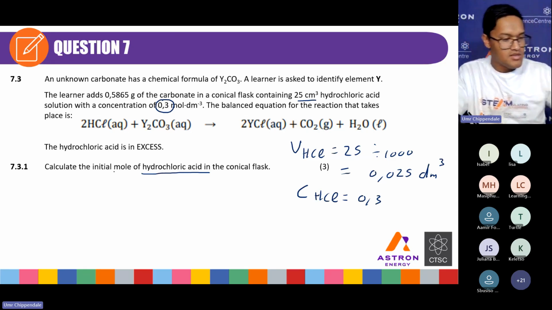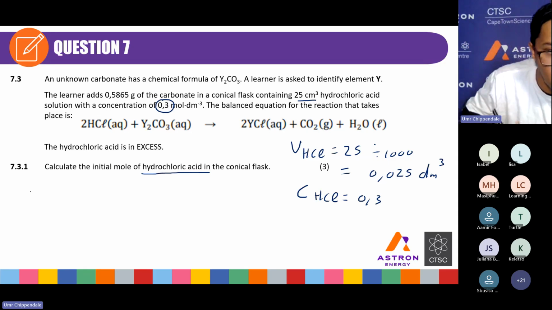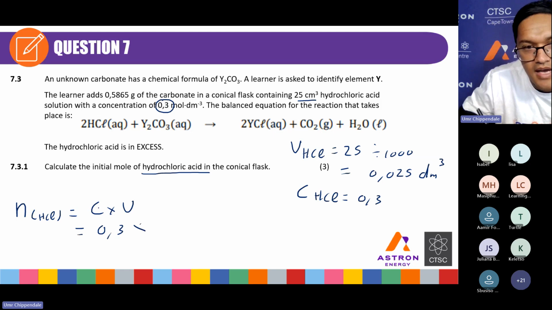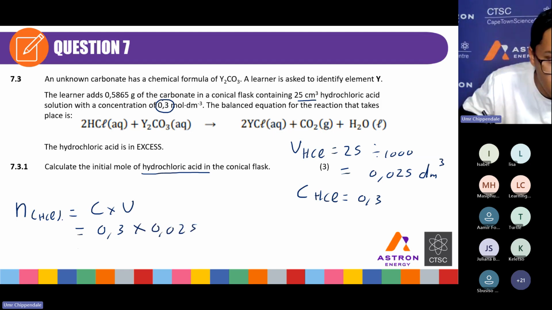So we write it as n of our HCl is equal to our C times V. We write down the values we have on the right-hand side of the screen, 0.3 multiplied by our volume, which is 0.025. Type that in your calculator and you get an answer of 0.01 moles.